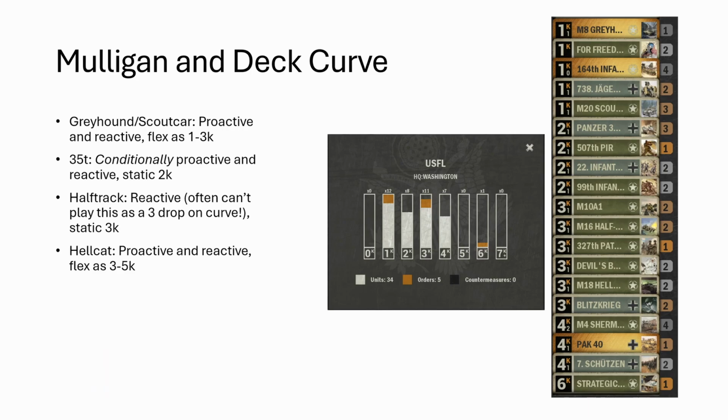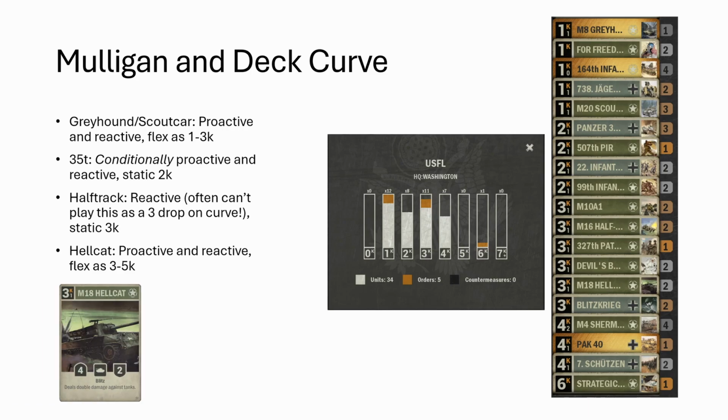And then one more example, the Hellcat. It's also both proactive and reactive, and it can flex as a 3 to 5k unit. Generally, you don't want to play it on curve on turn 3, but you could if you're reasonably certain it won't get removed and it fills out your curve pretty well.